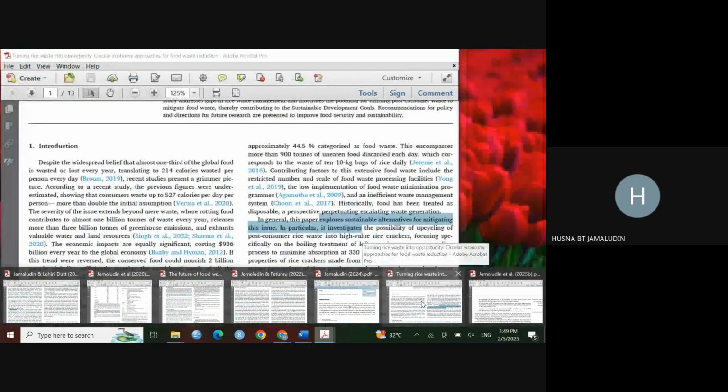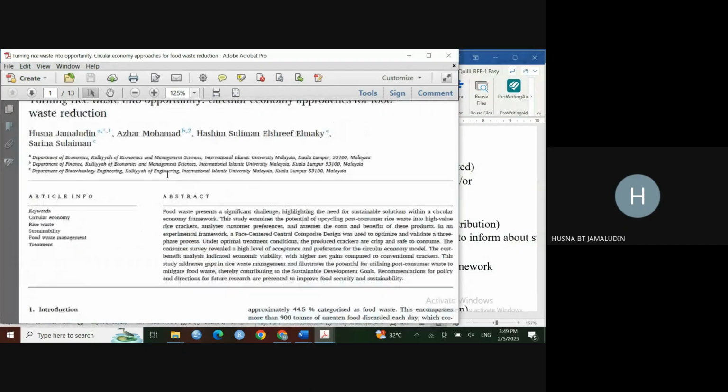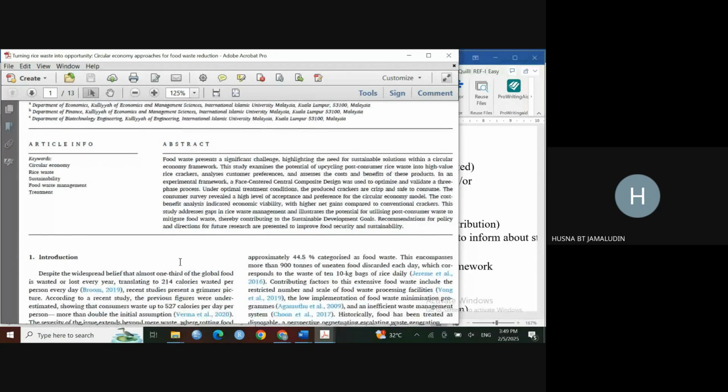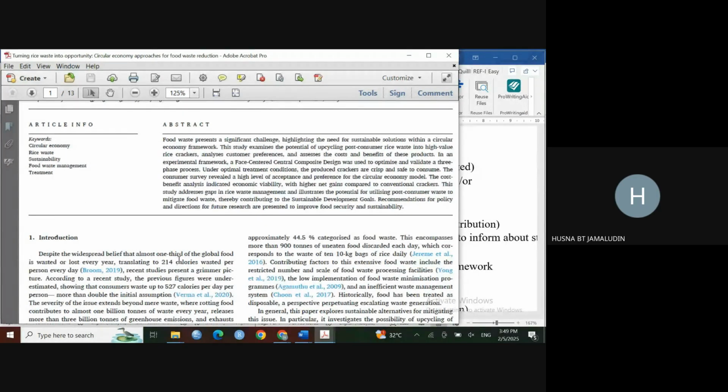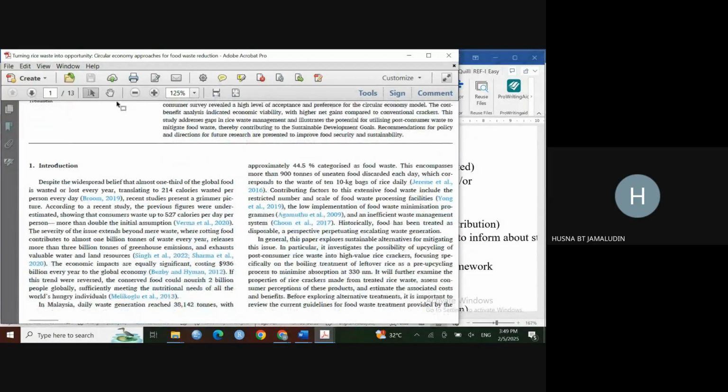If you are looking at what we call food waste, right? Rice waste. Because of the rice waste, you have environmental, economic and social problems. So what is your objective? Here, in general, this study wants to explore sustainable alternatives to reduce food waste.